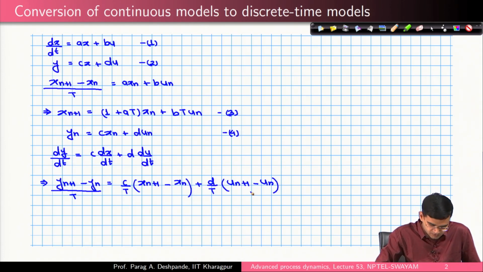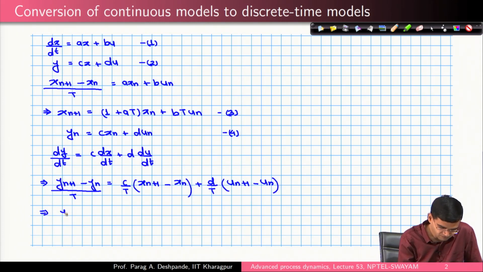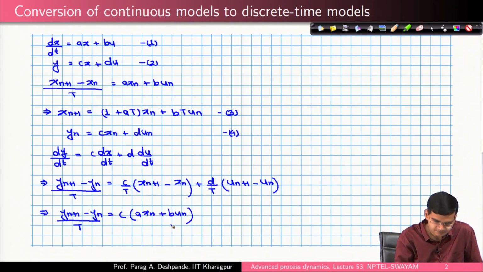Okay. Now, I have (x n plus 1 minus x n) upon T simply as a x n plus b u n. So, I can write this as (y n plus 1 minus y n) upon capital T is equal to c times (x n plus 1 minus x n) upon T is equal to c times (a x n plus b u n), plus d by T (u n plus 1 minus u n). Fine.